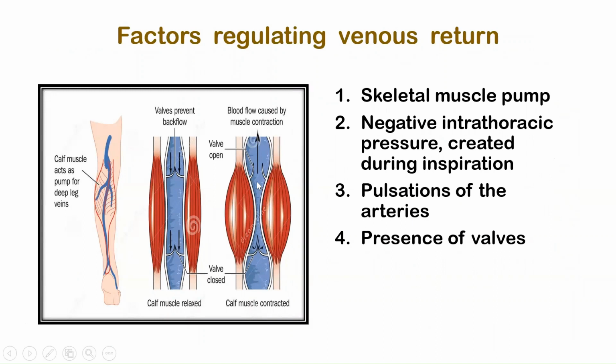When the blood column is compressed, it has two options. The blood may either move downwards or upwards, but the blood cannot move downwards because of the presence of valves. Therefore, the only way the blood can move is upwards, towards the heart. Thus, the skeletal muscle plays a very important role in regulating venous return.